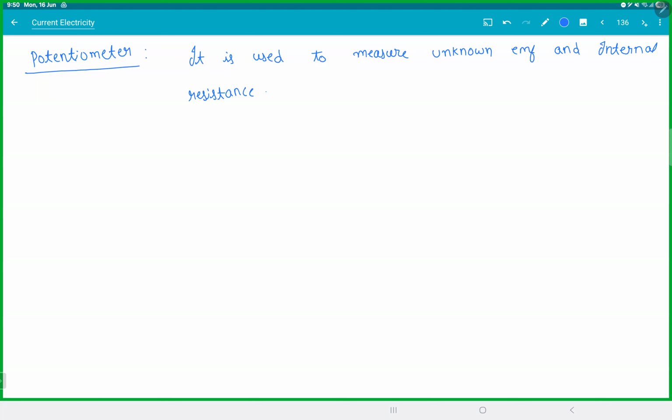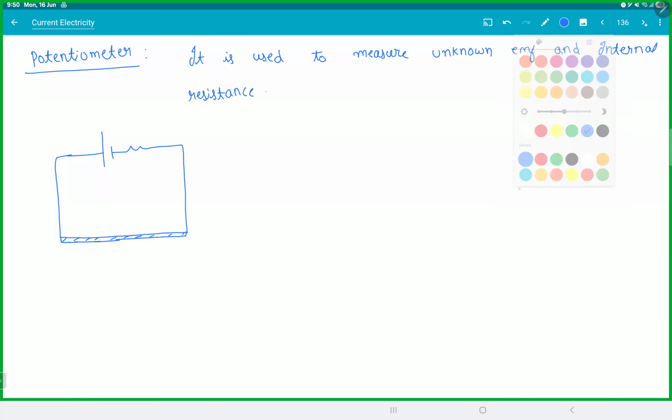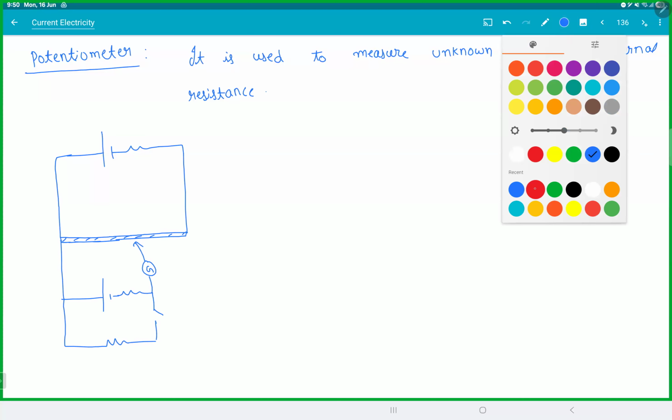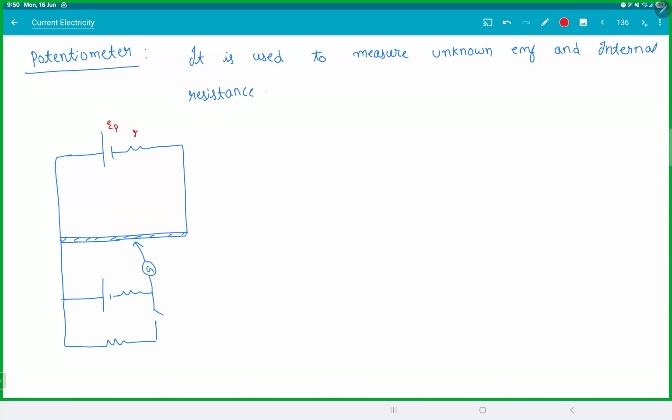So the first thing in a potentiometer is the circuit. If you know how the circuit looks, it becomes quite easy to solve the problems. The circuit has two parts. This is E prime, this is R prime.